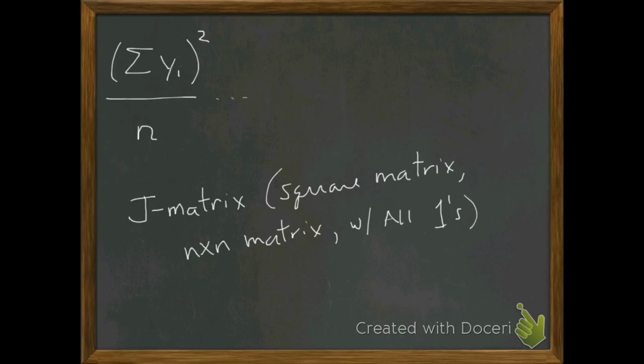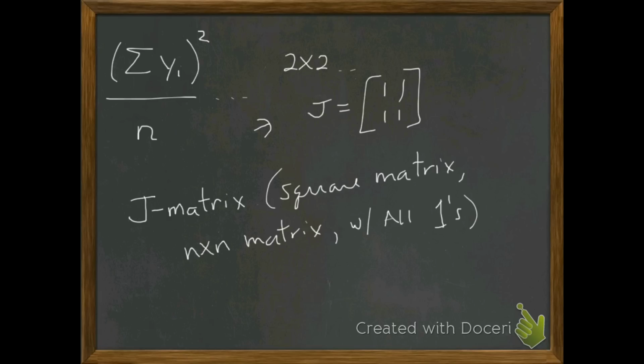It's a matrix of all ones. So if we have, for example, a 2 by 2 matrix, then the J matrix is going to be one of the easier ones you'll ever come up with. It's just 1, 1, 1, 1.